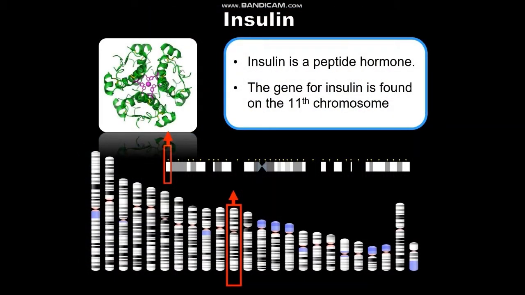So, here are all the different chromosomes that you have. Each one has potentially thousands of different genes located on it. Now, we have mapped out the human genome fairly well, and we, for example, know that if you go to the 11th chromosome, that is the 11th largest chromosome, the largest one is given number 1, and then the second largest is number 2, and so on and so forth, you will find at a particular location the gene for insulin.